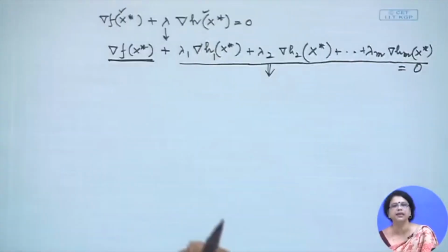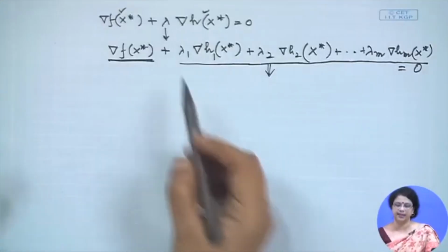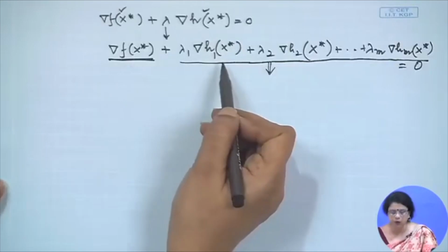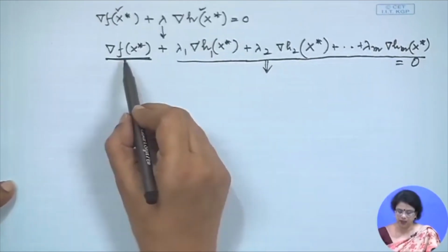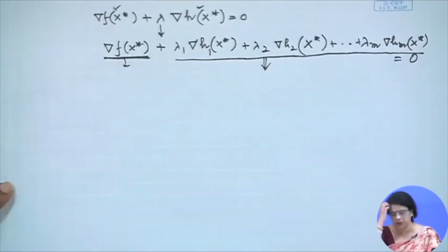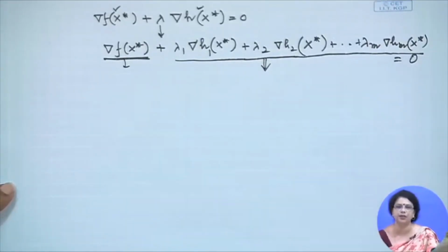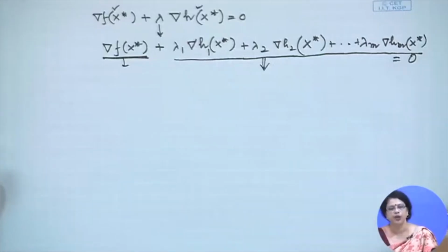Once we have a single constraint, we can say both are parallel. But if we have more constraints, what is the meaning of the gradient of the function being a linear combination of the gradients of the constraints? All this we need to understand one by one. For explaining these things, I am considering a few examples one after another.